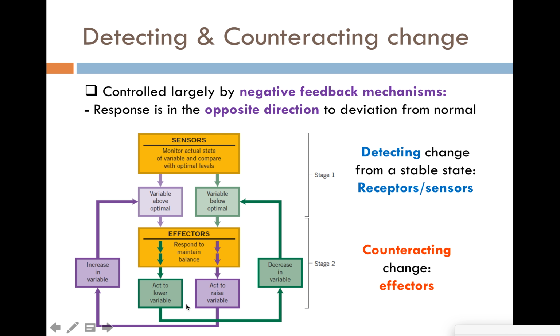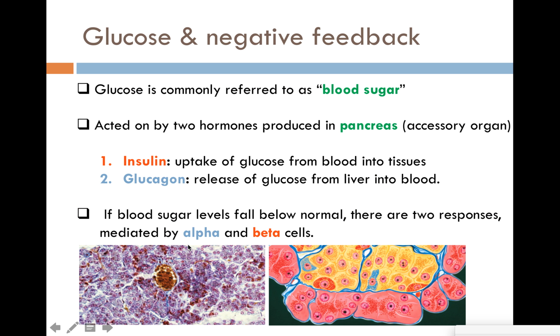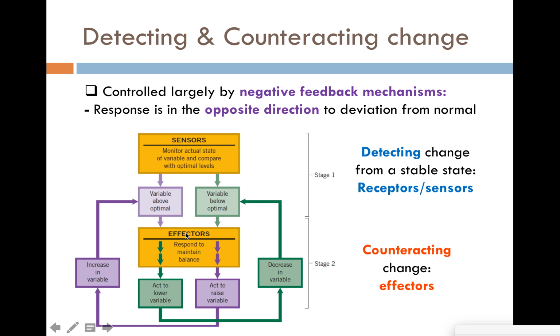So one of the effectors, for example, could be my sweat glands to produce sweat, and hopefully that sweat production will cause it to evaporate. That's going to lower my body temperature, and that should lower my temperature.